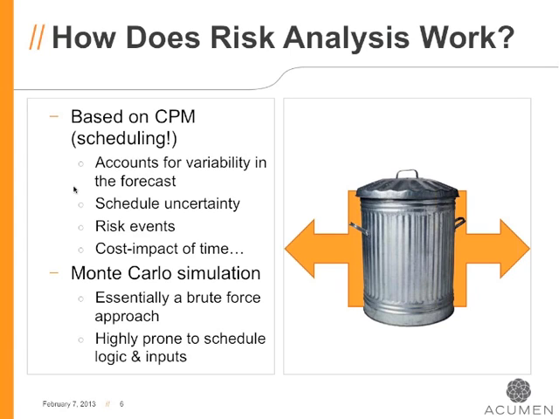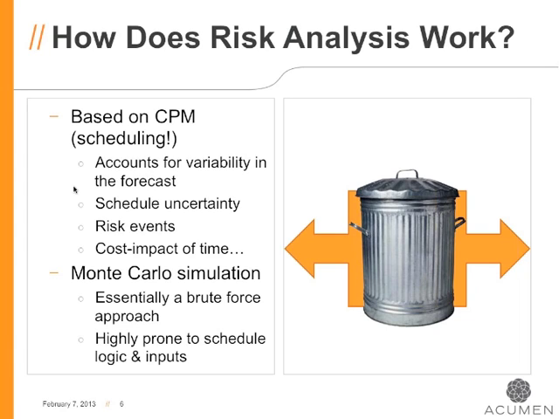So a risk analysis is very much based on a CPM schedule, and the way it works is this. We run what we call a Monte Carlo simulation, which in reality is nothing more than hitting F9 in Primavera, for example.